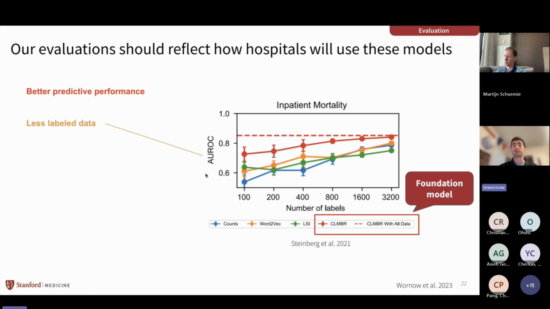We just want to decrease the amount of labeled data that we need to create. And the nice thing about foundation models is, they've already seen the 3 million patients at Stanford Hospital. So every additional data point it sees has less importance than for a model that's only trained on 100 patients, right? And so that's a big benefit of these foundation models: they require less labeled data.